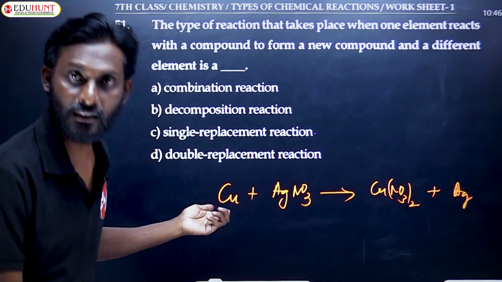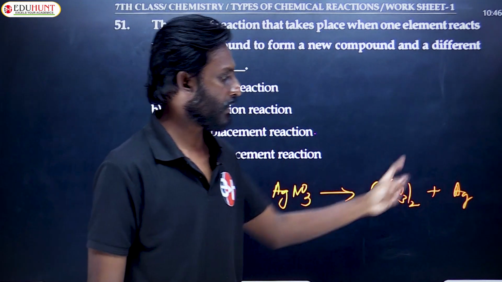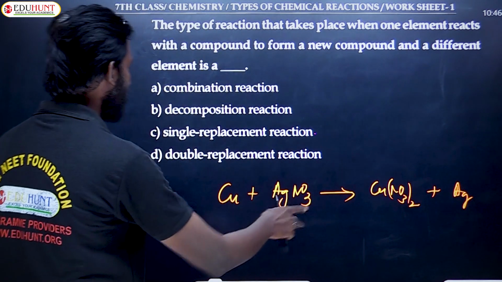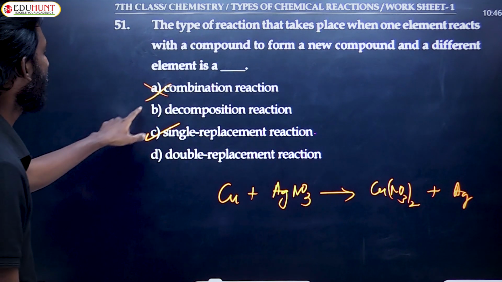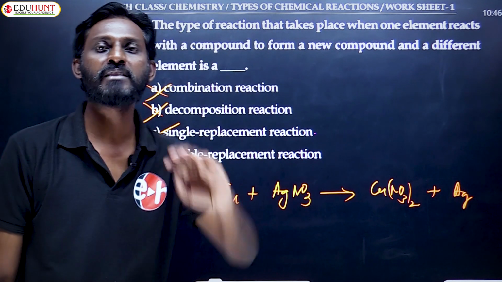Here one element reacts with a compound to give a new compound and another, different element. It's a single displacement, single replacement. It's not combination, it's not decomposition, it's not double displacement. Only copper displaced silver.